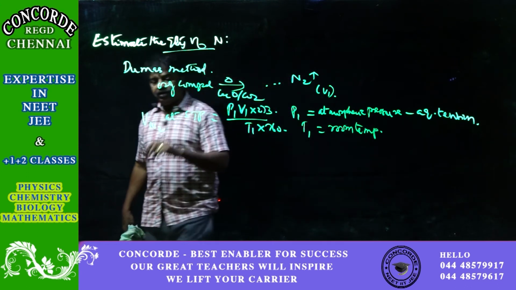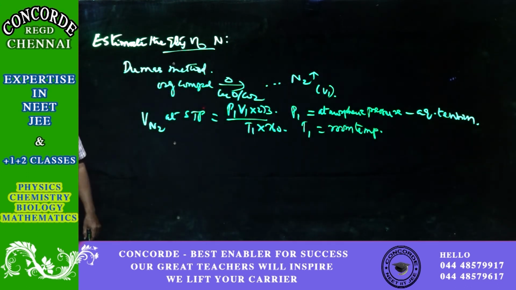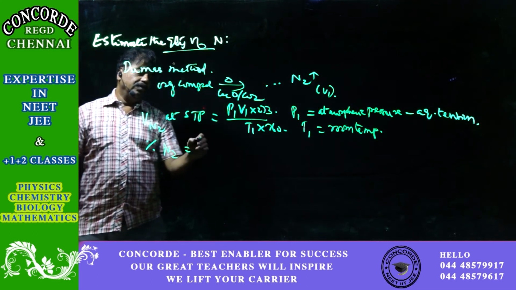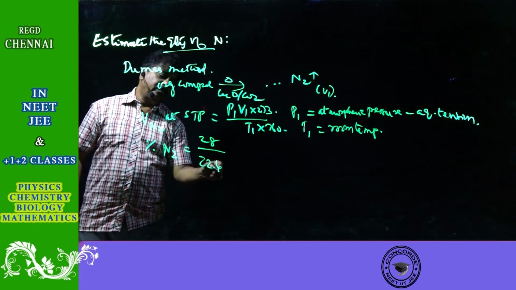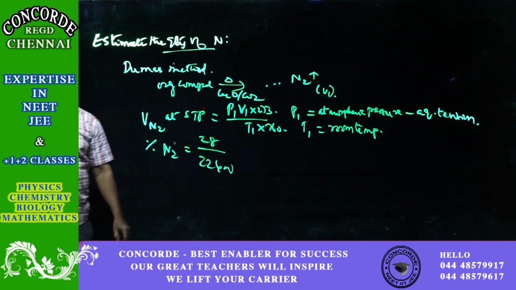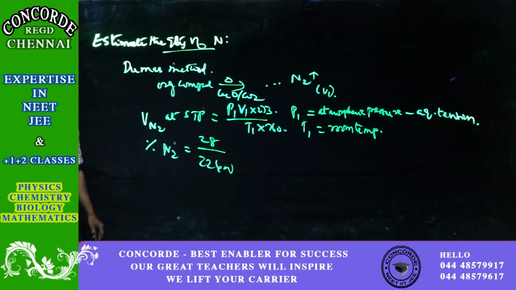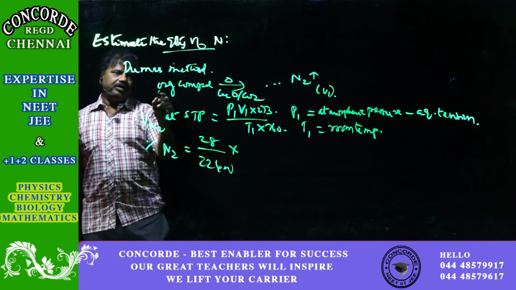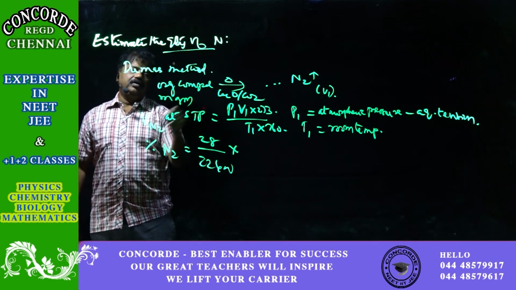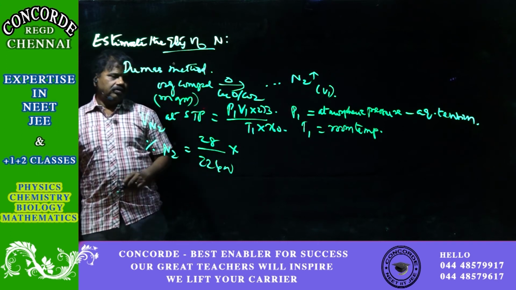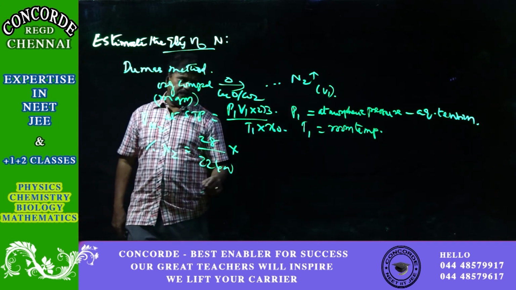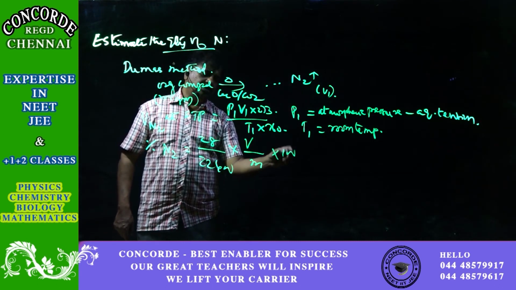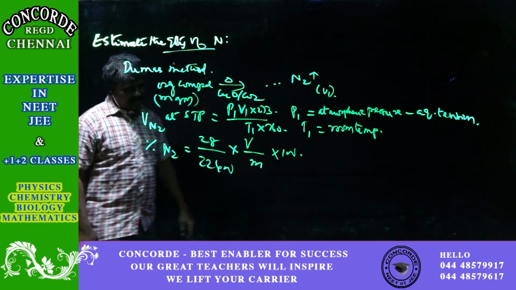Once the volume at STP is known, the percentage of nitrogen will be 28 by 22,400 into V by M into 100, if the mass of the compound is M grams. So this is the percentage of nitrogen.